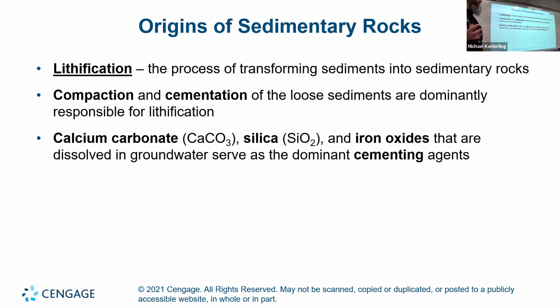So the compaction and cementation of loose sediments are the main processes responsible for lithification. You have sediments, they get compacted together and then cemented together by dissolved minerals. Calcium carbonate, silica, and iron oxides that get dissolved in groundwater are the dominant cementing agents.